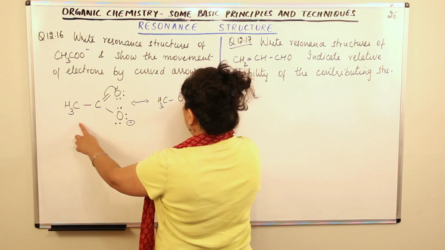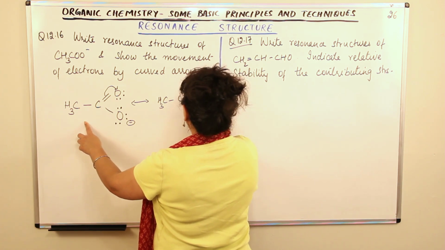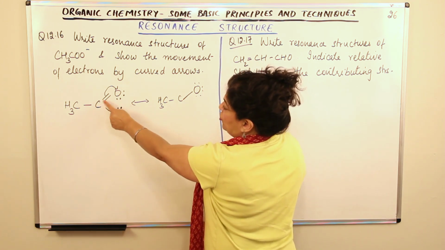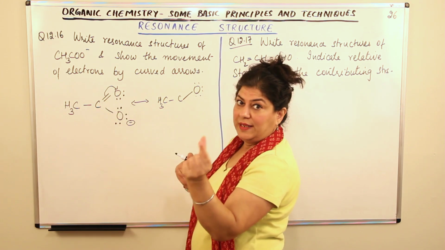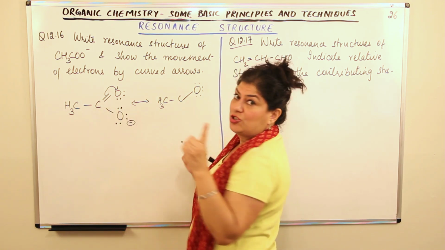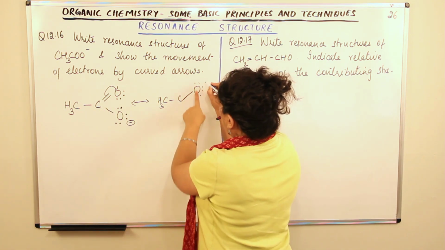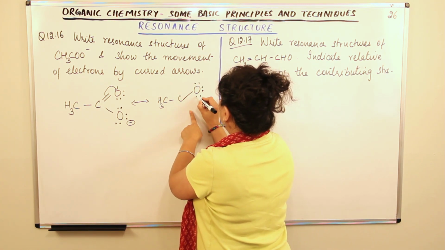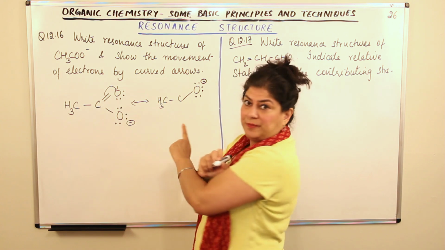We'll get C, this will become a single bond, oxygen here, 1, 2, 3, 4, 5, 6. And since both the electrons of the bond have moved to oxygen, one of the electrons actually belongs to carbon. Therefore, this oxygen now, due to these 6 electrons that it has, 1 of carbon, it becomes negatively charged.